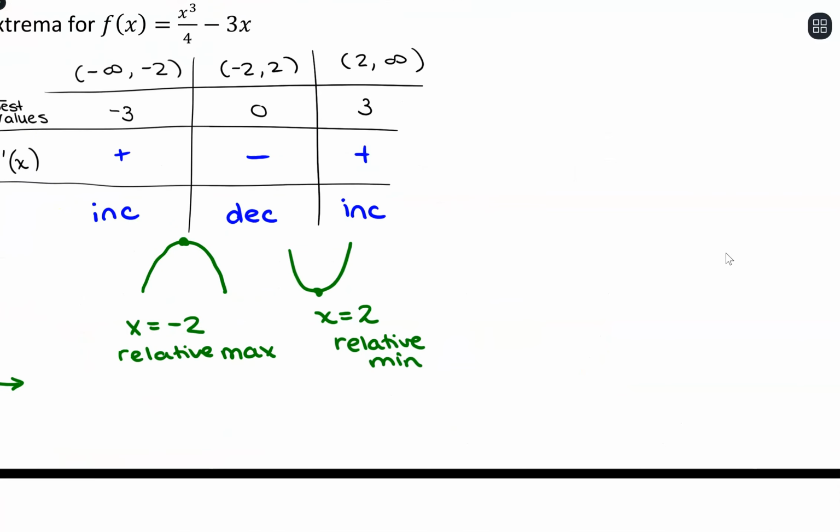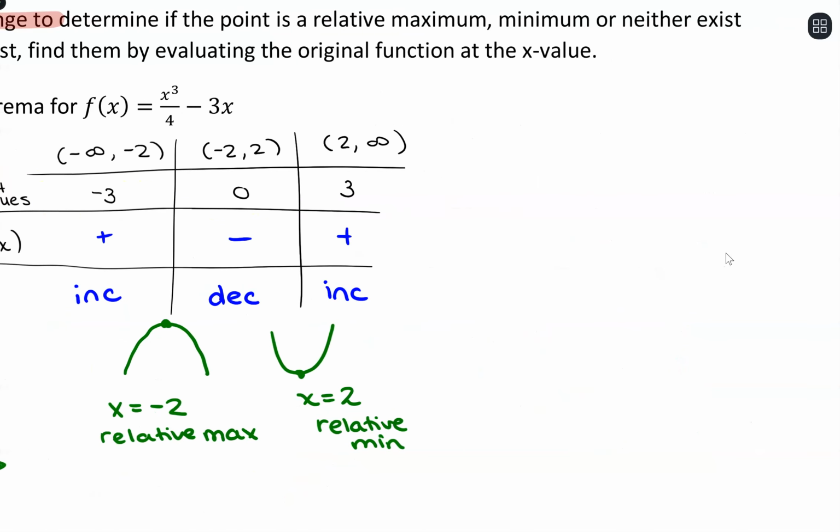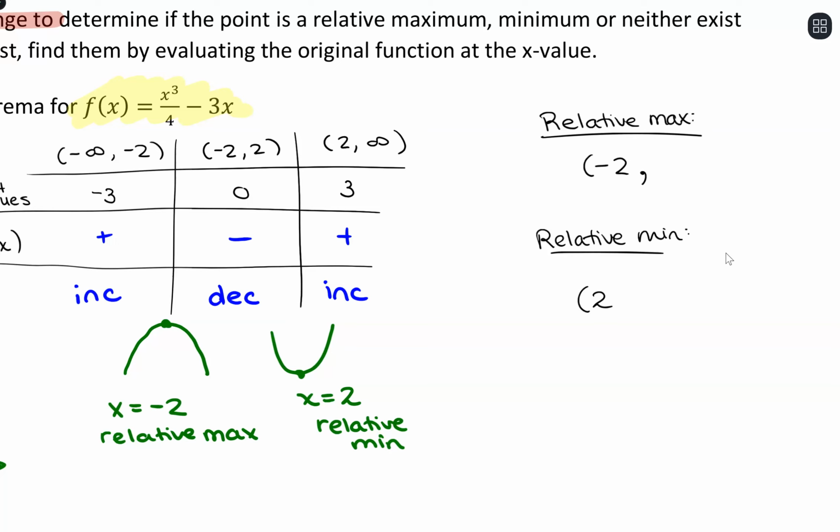All right, so we have our x coordinates. Now we want our y coordinates. So we know we have a relative maximum and a relative minimum. Now, writing the coordinates should be coming from our original function. So we have our x coordinates, we have a -2 for the maximum, and for the minimum, we have +2.